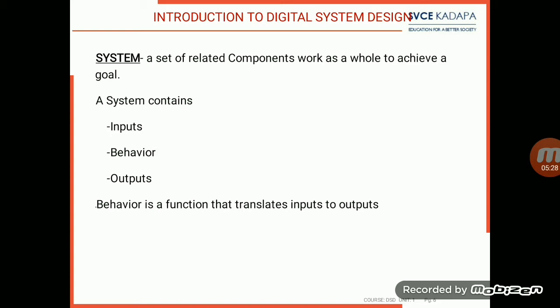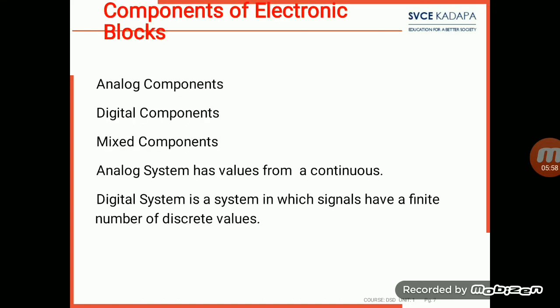Any system contains three basic parameters: inputs, behavior, outputs. Inputs are given based on our requirement, and behavior is a function that translates inputs to outputs. Based on the inputs, according to our requirement, we can produce the outputs in terms of zeros and ones in the case of digital system design.